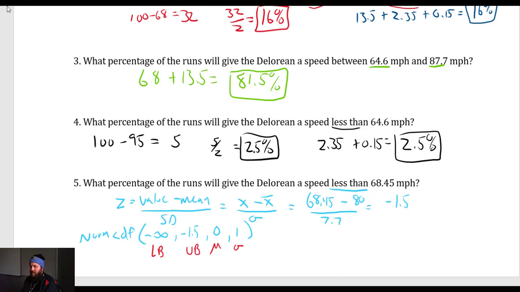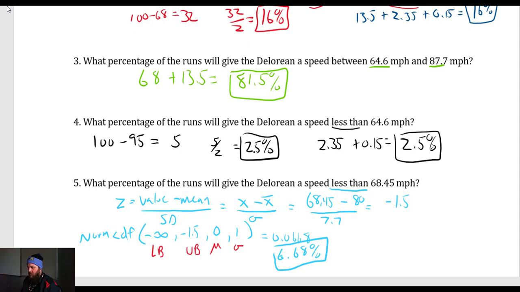And with that, we got 0.0668, right? Which is 6.68%. So 6.68% of the runs will give the Delorean a speed less than 68.45 miles per hour. 6 by 6 there, looks kind of bad.